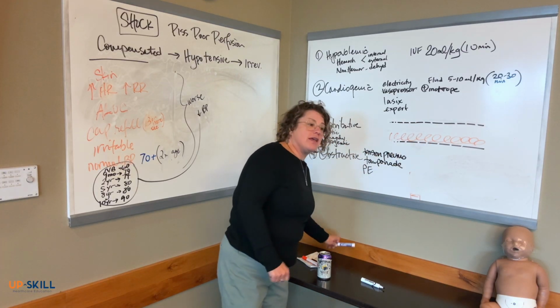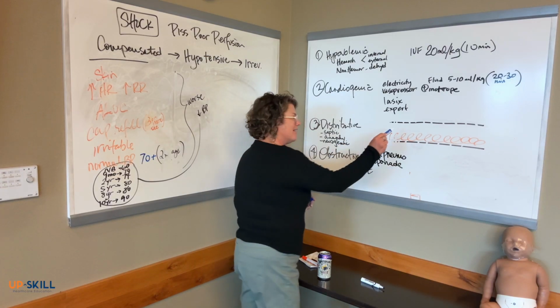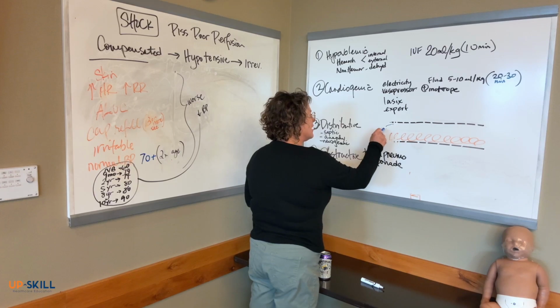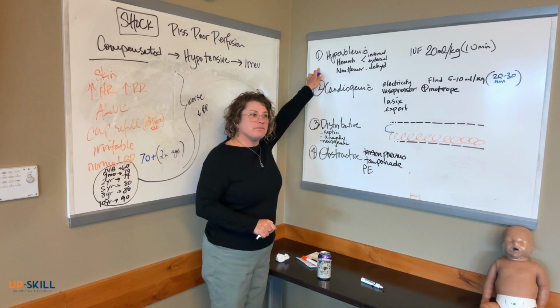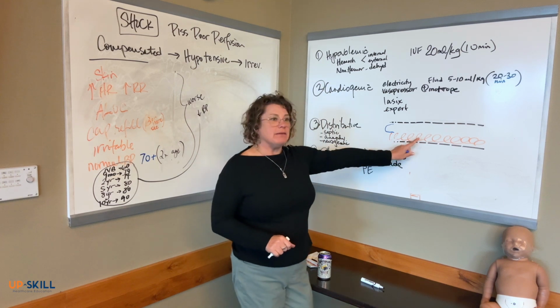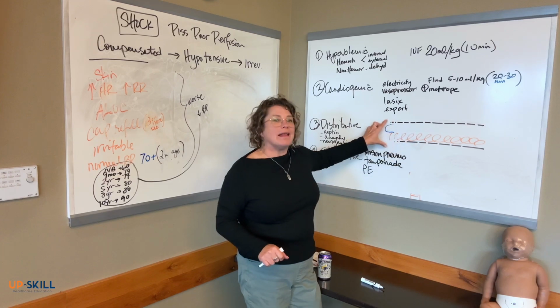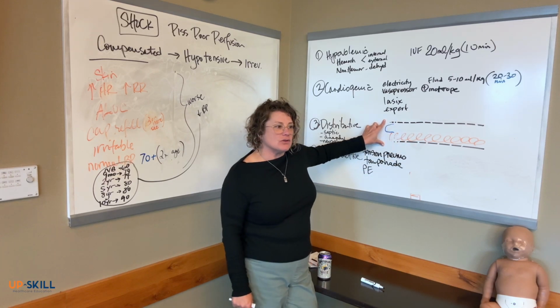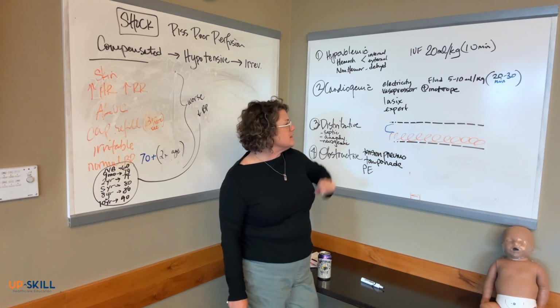And the third thing, super important, anybody take ITLS? This right here is called relative hypovolemia. It's not true hypovolemia. This person does have enough fluid in their body, but relative to the size of these vessels, it's hypovolemic. Relative hypovolemia.